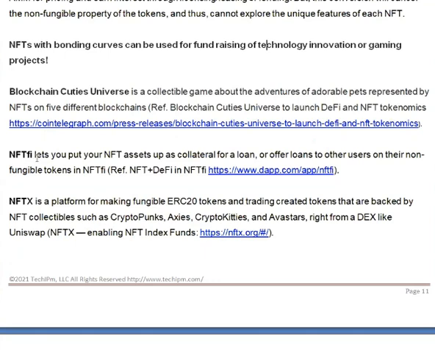NFT fee is a loan project, using NFT as collateral in a money market in the lending project. NFTs is the same thing, but here there are famous ones like CryptoKitties and other digital art collateral put into your liquidity pool.